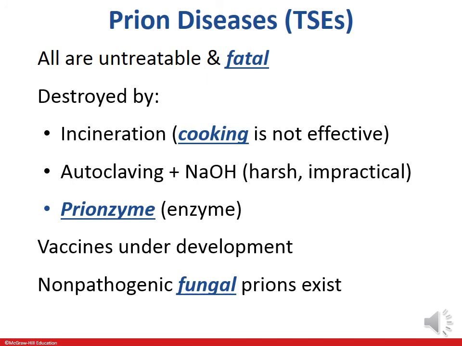Some of that research is tied to fungal research because they have actually found similar organisms in fungi, but obviously there's going to be a lot of differences. Fungi don't have nervous systems, so there's not a lot of correlation there. But they think if there's something happening at the cellular level that they can work out in the fungal prions, then they may be able to translate that into the animal version.